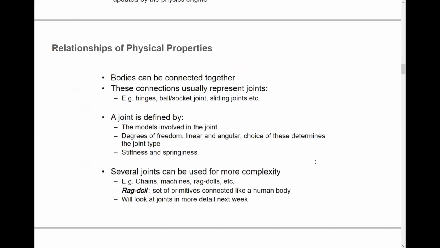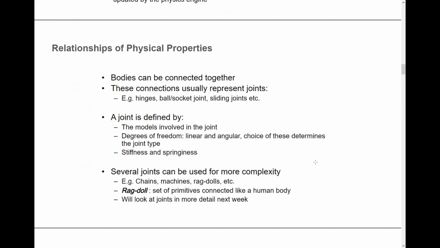Now let's look at the relationships of these physical properties which we discussed a minute ago. So using these only, we can connect the bodies together to show what happens in this game engine. So these connections usually represent joints.